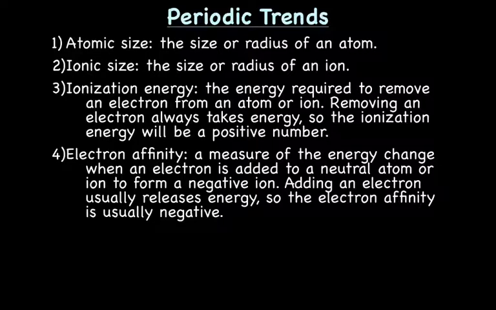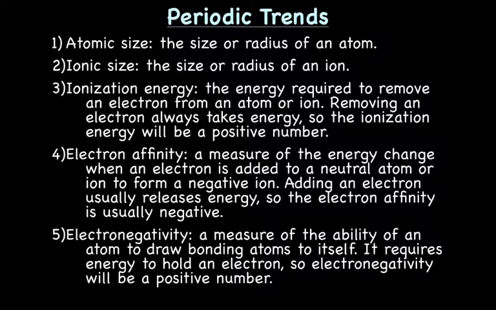And the last periodic trend we're going to discuss is electronegativity. Electronegativity is the measure of the ability of an atom to draw bonding atoms to itself. It requires energy to hold an electron, so the electronegativity number will be a positive number.